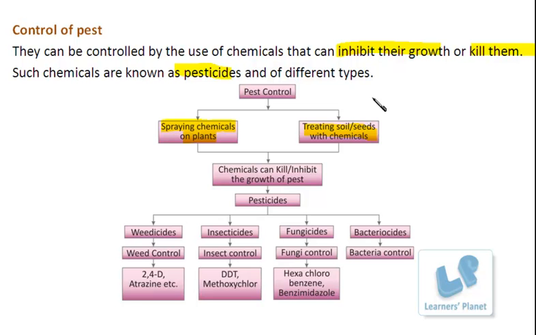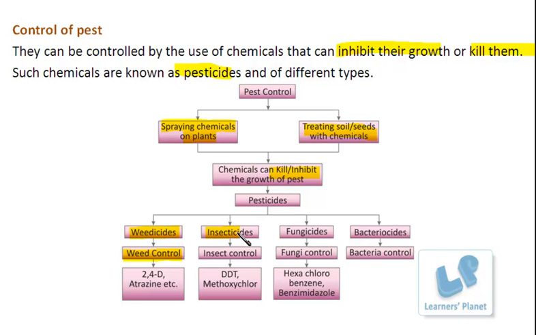So how they are acting, as I already said, they can either kill these pests, or they can inhibit the growth. Now, as I said, they are of different types. It depends upon the type of pest which is controlled by these chemicals. So likewise, we can say that there are weedicides. The weedicides are those chemicals which control the growth of weeds.